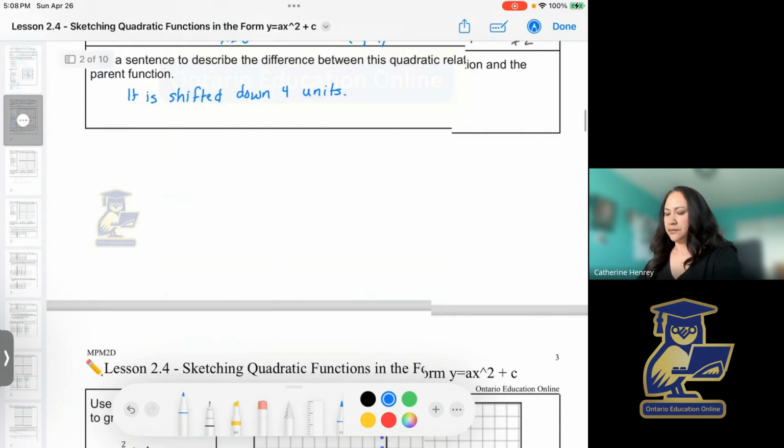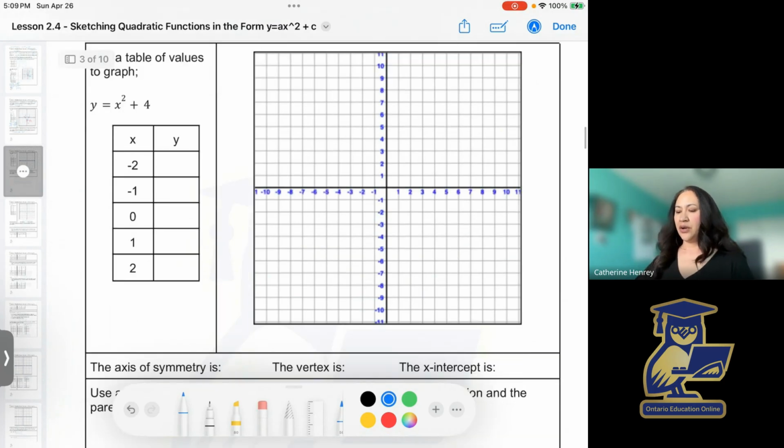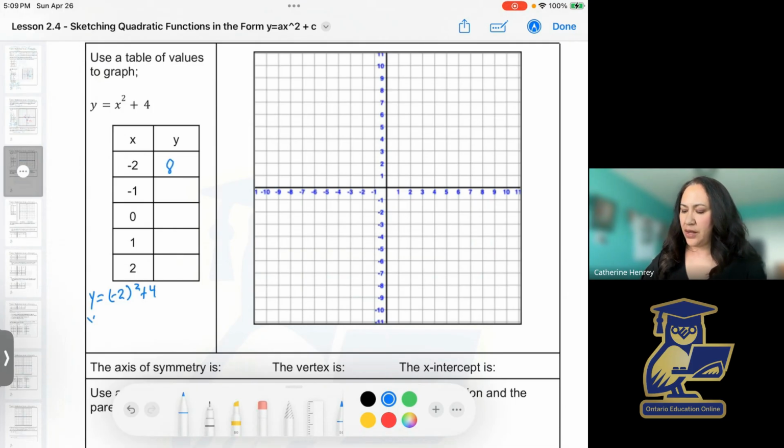All right, moving right along. Let's do the same thing here, except now we're going to add 4. And maybe you can start to see the pattern here. y is equal to -2 squared plus 4, which gives me 8. y equals -1 squared plus 4 gives me 5. y equals 0 squared plus 4 gives me 4. y equals 1 squared plus 4 is 5.